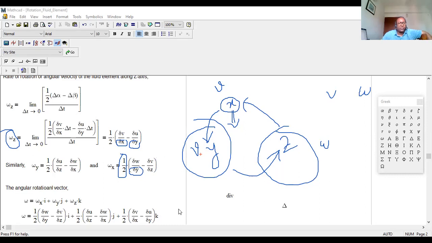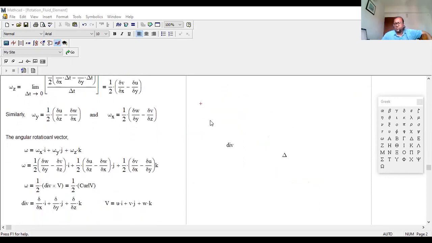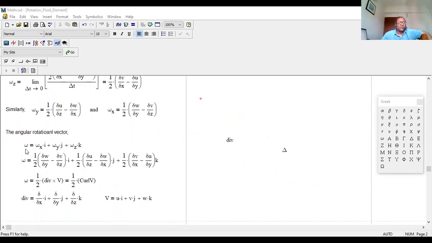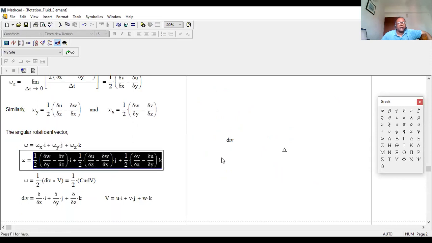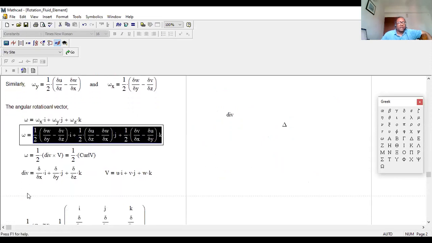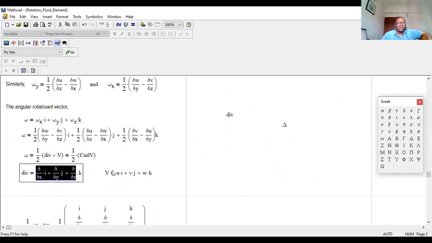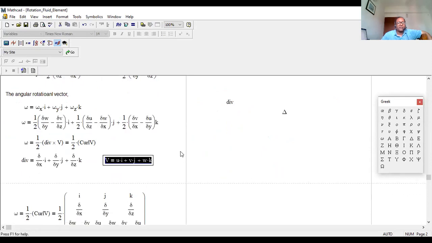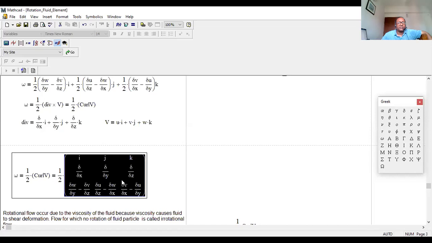So it's easy. You need to remember the sequence. Now, if you would like to figure out the total angular rotational vector, then it will be omega x, omega y, omega z. Then you will get this. This again you can express in terms of divergence, then the equation will be this one.